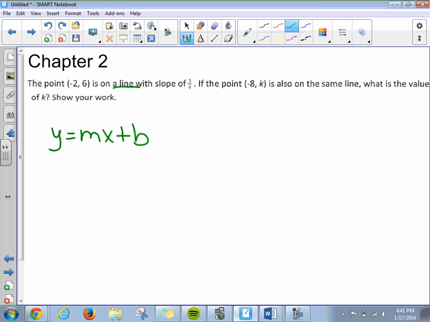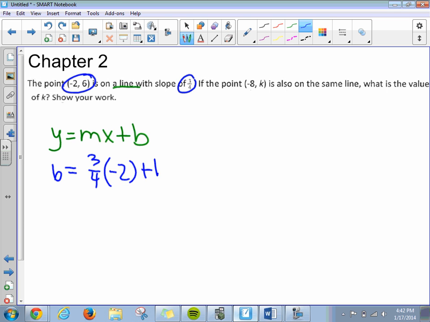In this problem, what they're asking us to figure out is what k has to be. So when we look at this function, we want to fill in the things we know. We know our slope, and we have the point (-2, 6). So when we plug that in, our y is 6, which is equal to our slope of 3/4 times an x of -2.